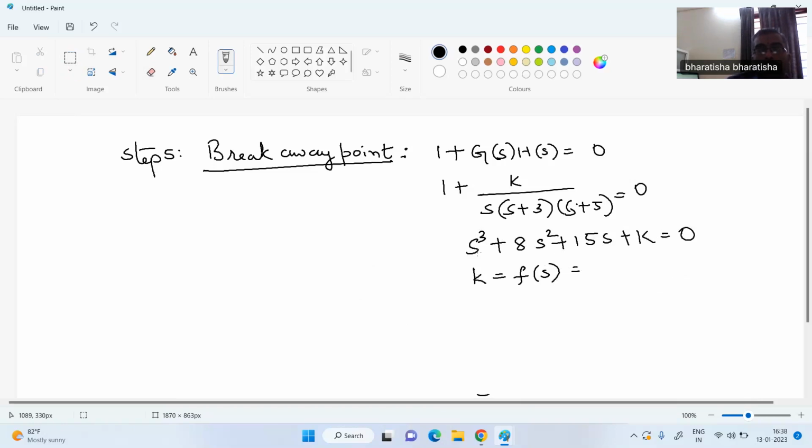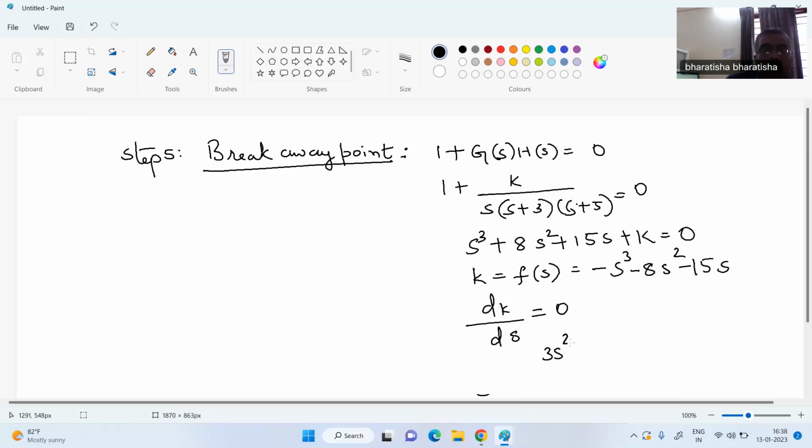That means K is minus s cube minus 8s square minus 15s, shifting all the terms to the right hand side. So take this, and now you take dK by ds, that is, differentiate K with respect to s.